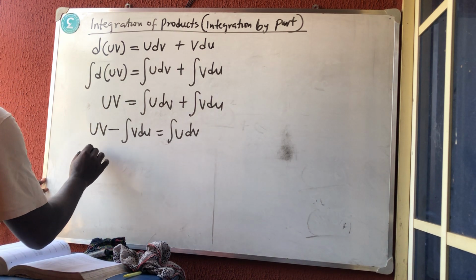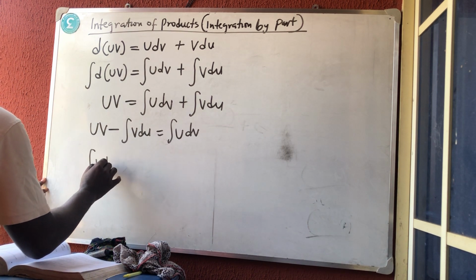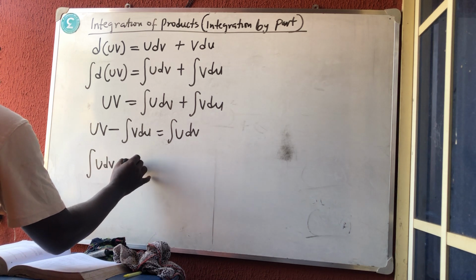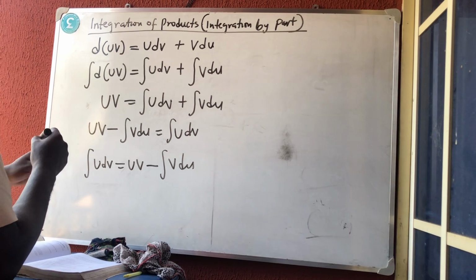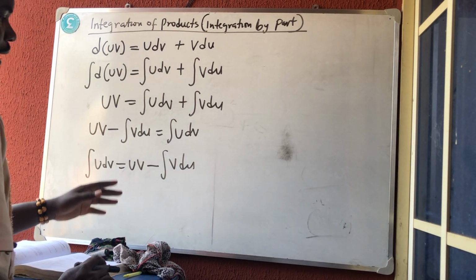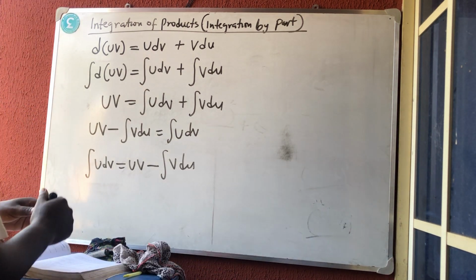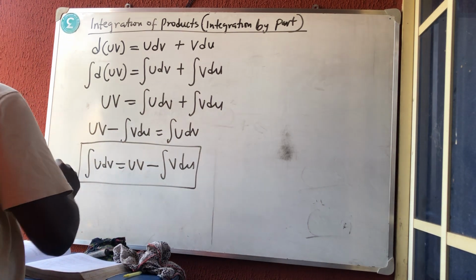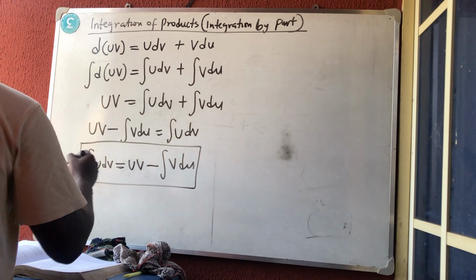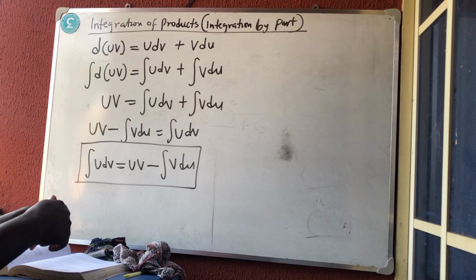So the formula said the integration of u dv is equal to uv minus the integral of v du. Remember, I started with u dv, then I'm ending with v du. So the formula said the integral of u dv is equal to uv minus integral of v du.